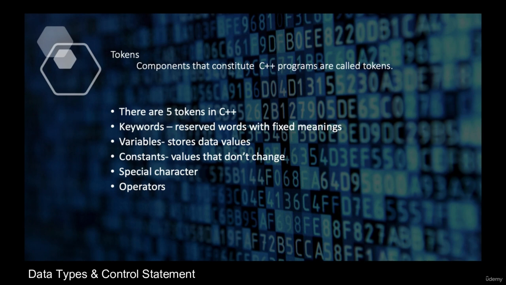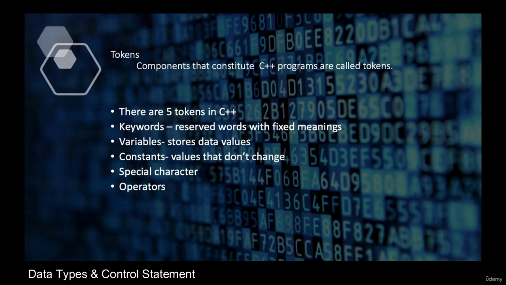So these are the five main tokens in C++. When we write programs in this language, we will be using a lot of tokens, which are the components that constitute the program. Each token has a particular usage, and that's what we are going to discuss next.